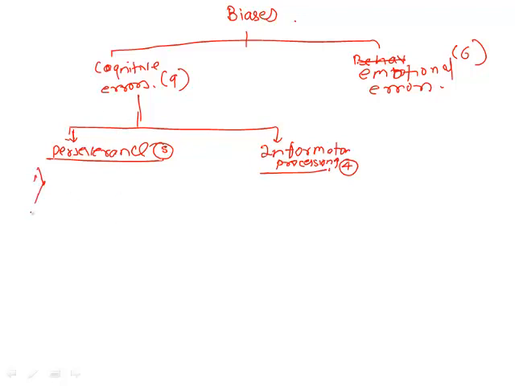The first one, in case of perseverance, is confirmation. At this stage I just want you to write all of them, and then we will discuss them one by one. The first one is confirmation. The second one is conservatism.